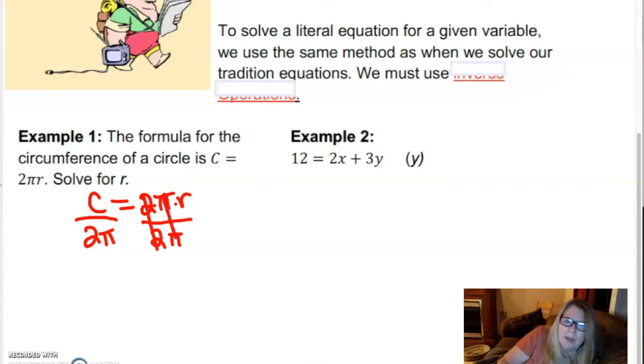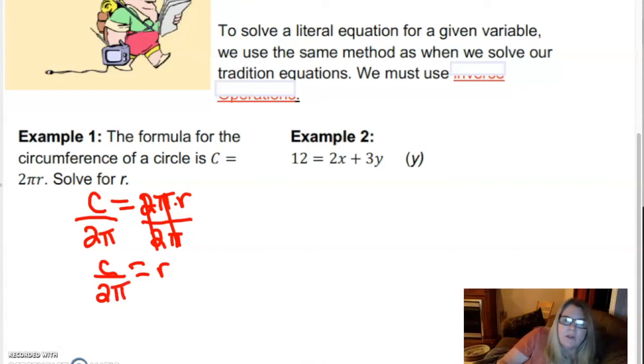Pi divided by pi is 1. So on this side, we have 1r. And on this side, there really isn't any simplifying that can happen. All you're doing is just this little cleanup step of rewriting everything exactly like you see it. And that would be C over 2 pi.